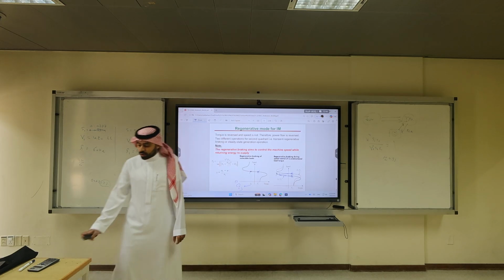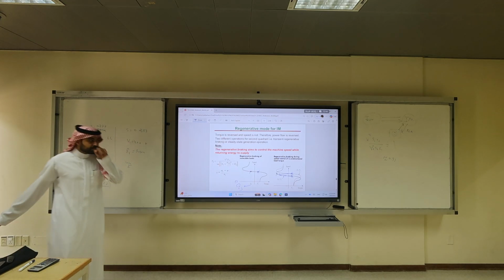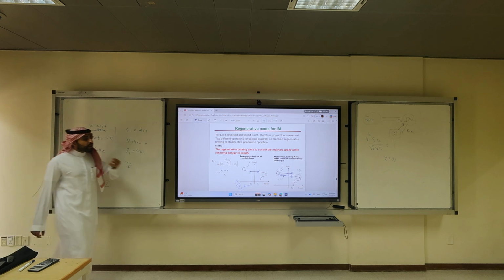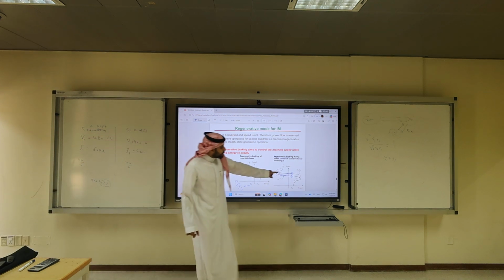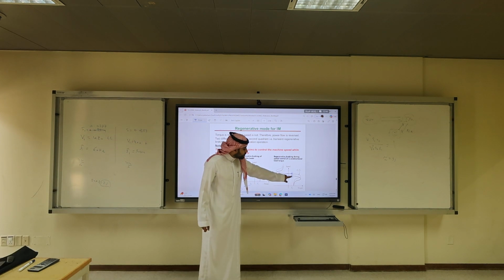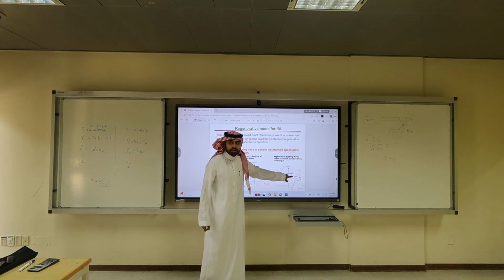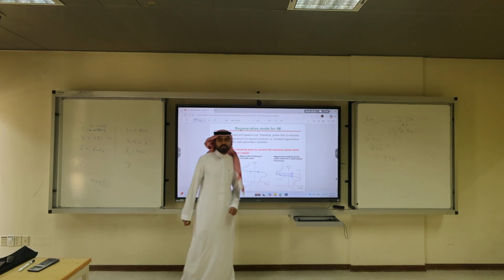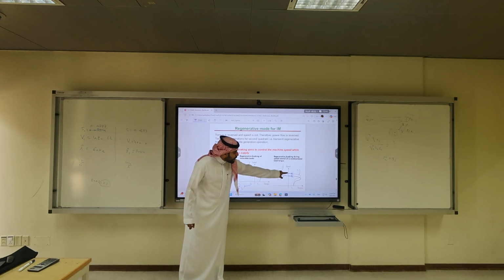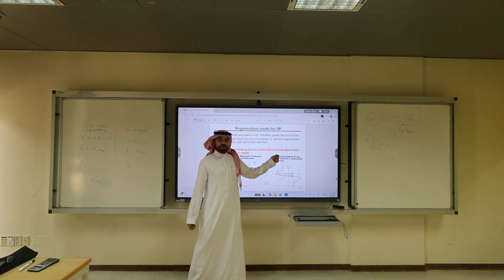Even though the torque load is not negative, the fact that I'm changing the V over F to another curve, I have to experience, apply a negative torque, and then suddenly go back to 3, and then I will reduce the speed. This minor braking will be regenerative braking.